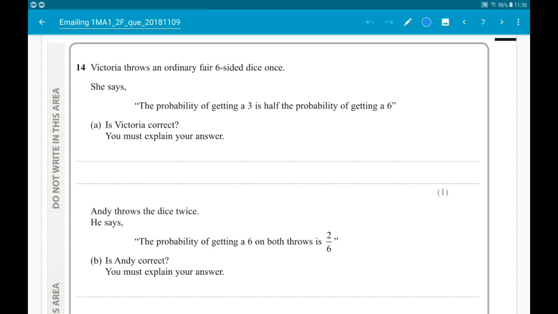Okay, so no, she is not correct. So the explanation would be, on the dice there is only 1 3, there is only 1 6. So the probability of getting either one is 1 out of 6. So the probabilities are the same.